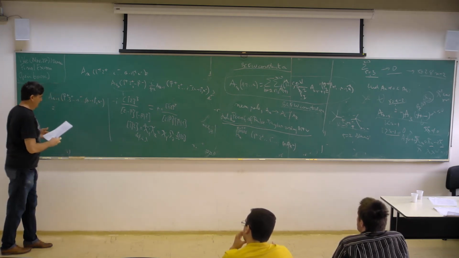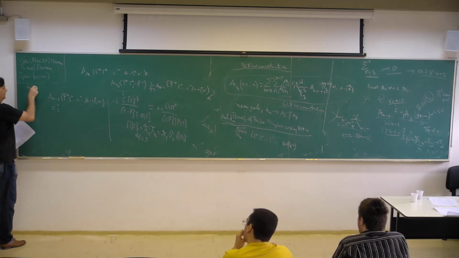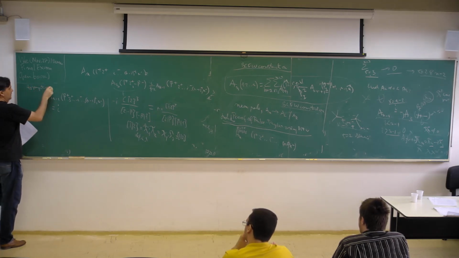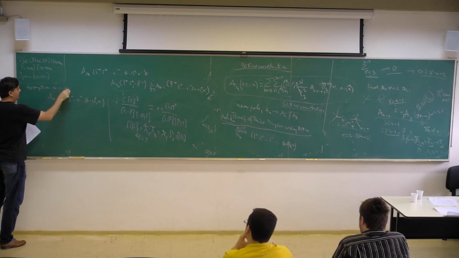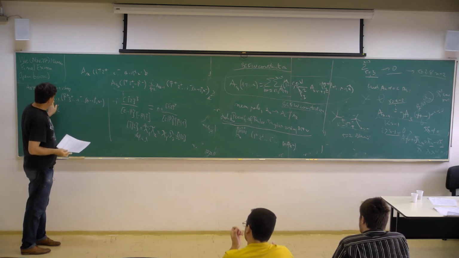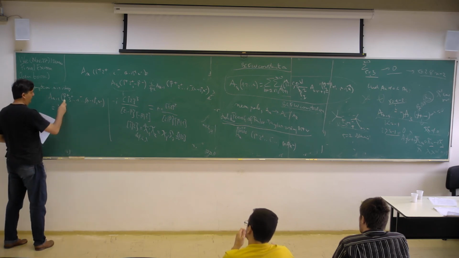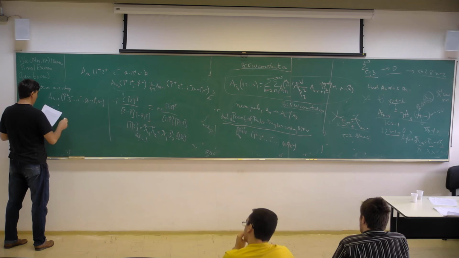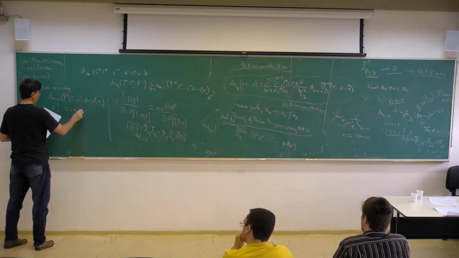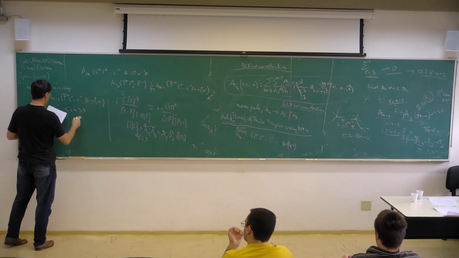So the assumption is the n minus 1 step, which applied to the amplitude with this particular set of helicities amounts to, well, sorry.